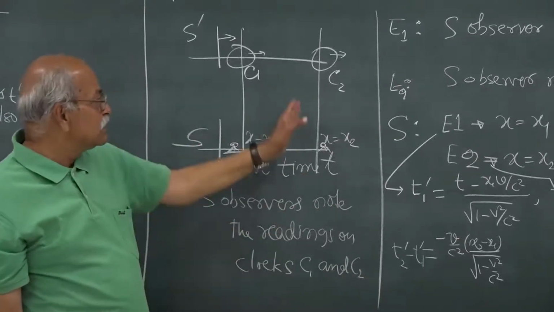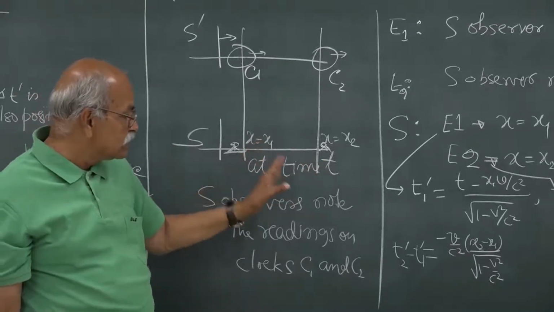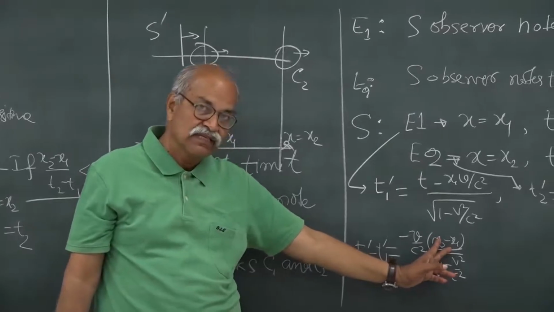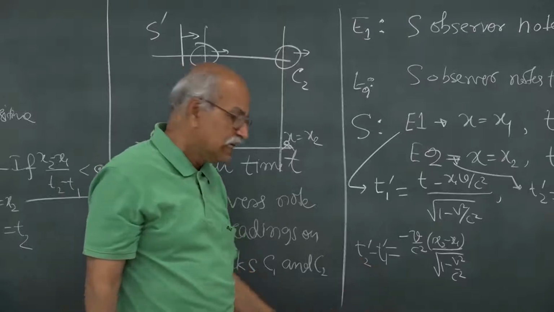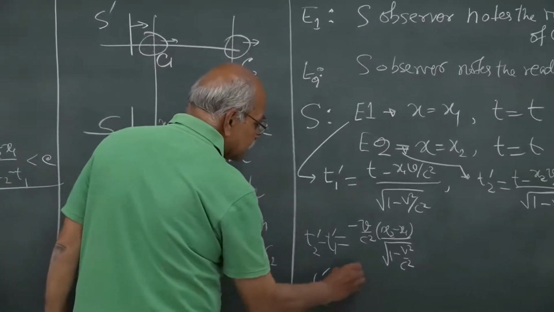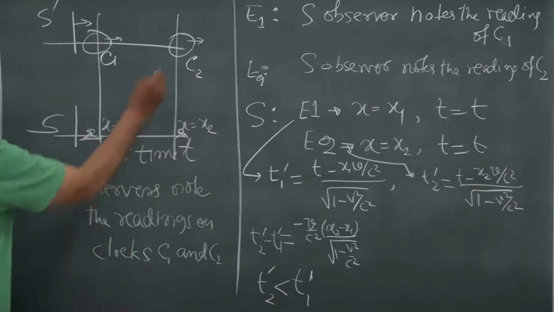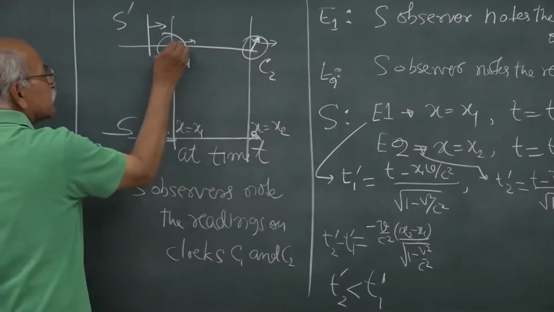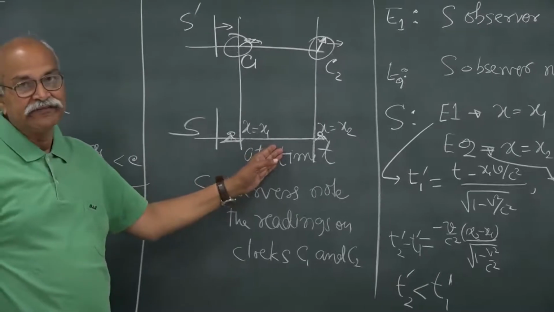And since in this picture x2 is more and x1 is less, x2 minus x1 is positive, then because of this minus sign, this thing is negative, and that means T2 prime is smaller than T1 prime. So, this clock here is showing a smaller time and this clock here is showing a larger time at the same instant t.